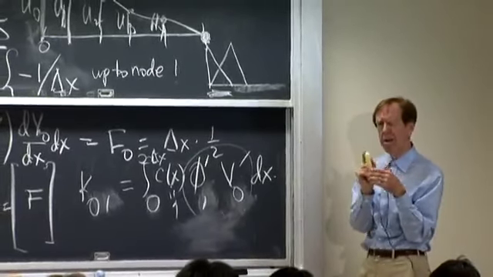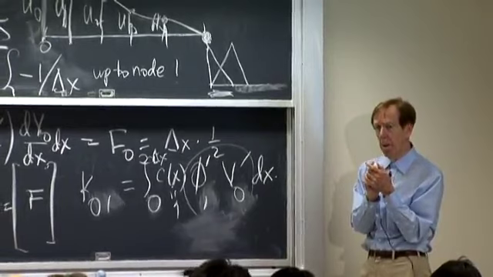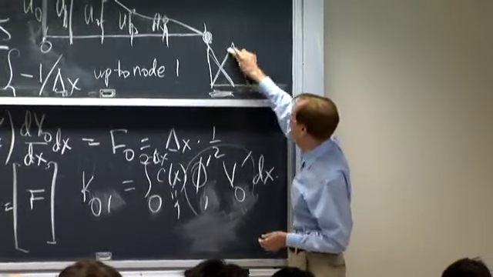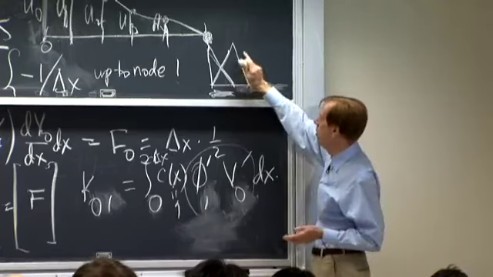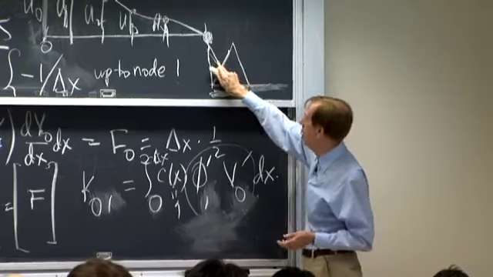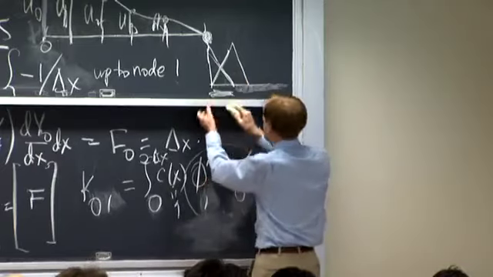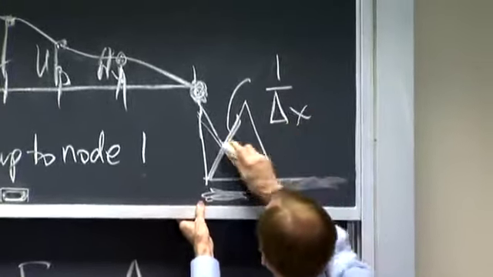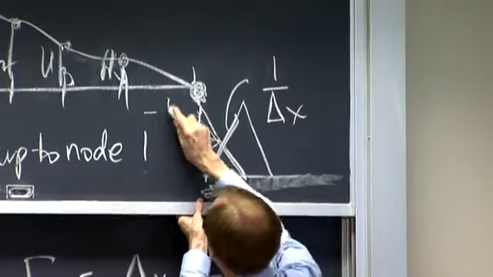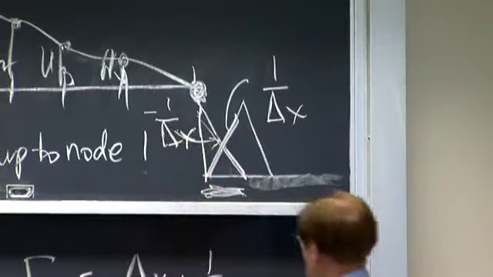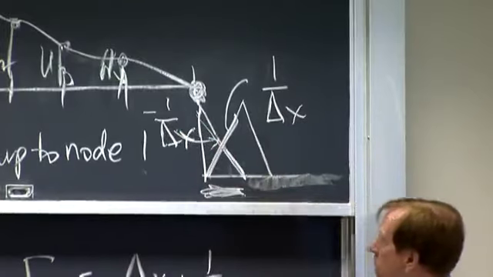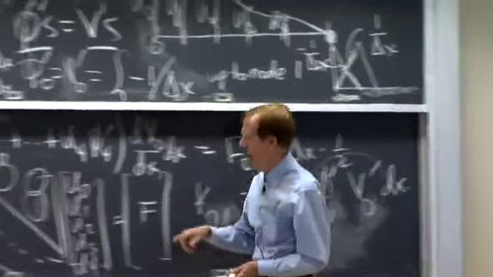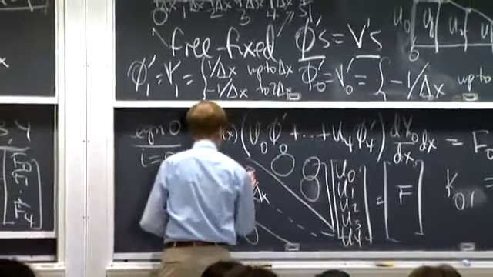And what's the deal about the two slopes? They're opposite. One's coming down, one's going up, but the slopes are 1 over delta x and minus 1 over delta x. Do you see what's happening here? I'm integrating. Here I have a slope of 1 over delta x, and here a slope of minus 1 over delta x. So I should multiply those, minus 1 over delta x squared, integrate. What goes in K01?